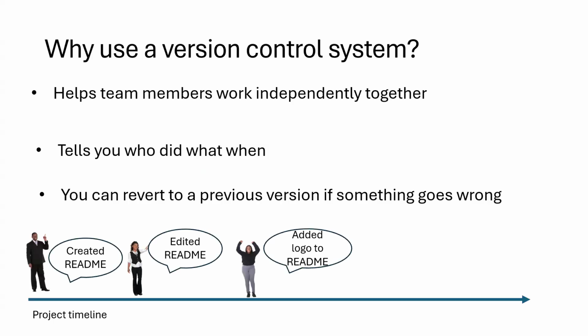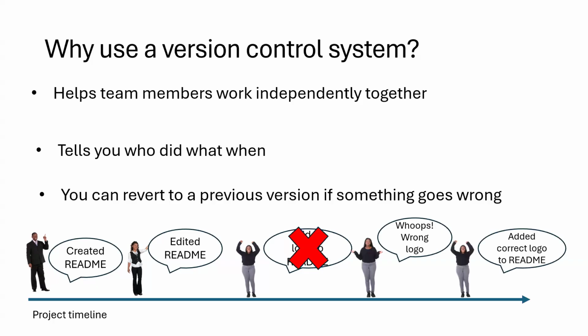So just to give you an example, let's say, on our project timeline, we've made our README file, edited it, added a logo, maybe you figured out, oh, whoops, the wrong logo, and you can just revert that commit and make a new commit, and it's like it never happened. That's a scenario that's fairly rare, but is a benefit.